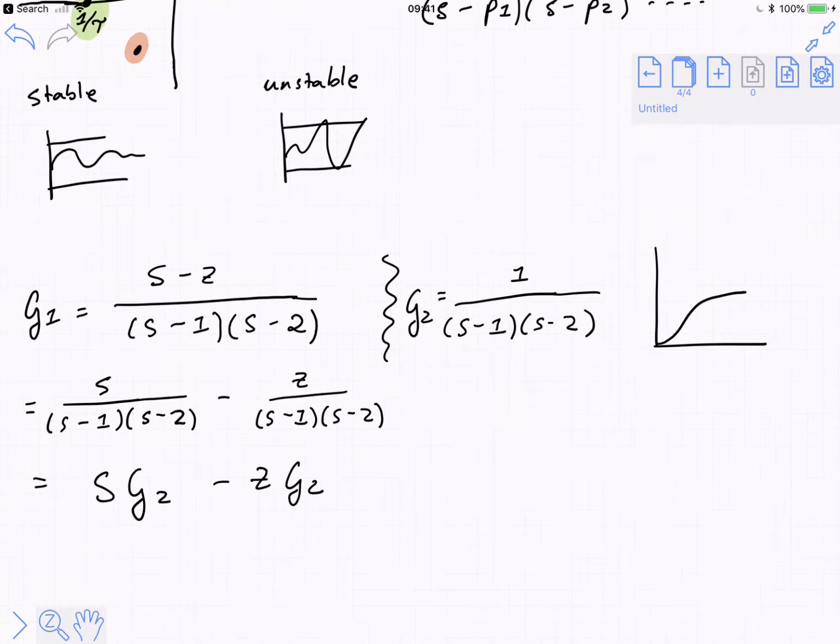Because the numerator allows me to do this, I effectively say, if I know what the step response of G2 looks like, and I am relatively adept at calculating derivatives in my head, in other words, sketching the derivative of something, which you should be able to do, then if that is the step response of G2, I should be able to imagine what the derivative of that looks like.